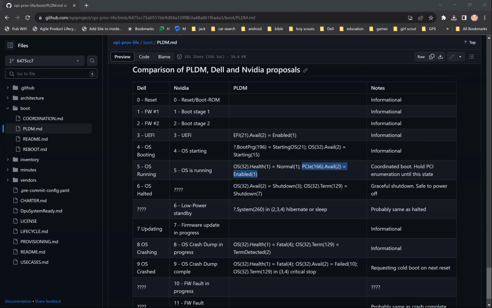Seems like the consensus is that the best path forward is just create another state ID and then consolidate the Dell and NVIDIA. Pretty much just becomes NVIDIA's proposal, and then we'll clean up the notes section.